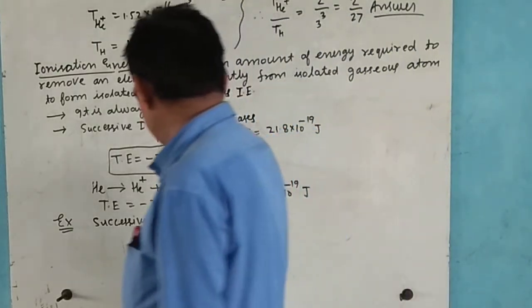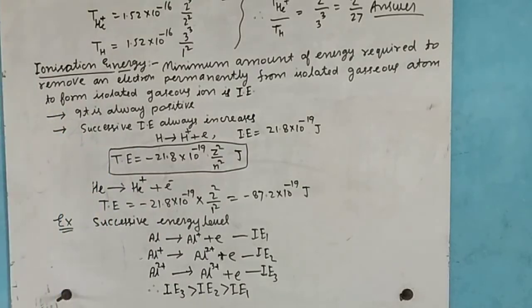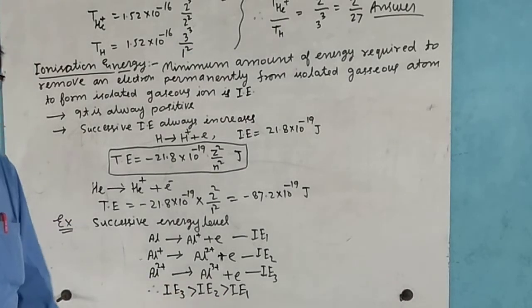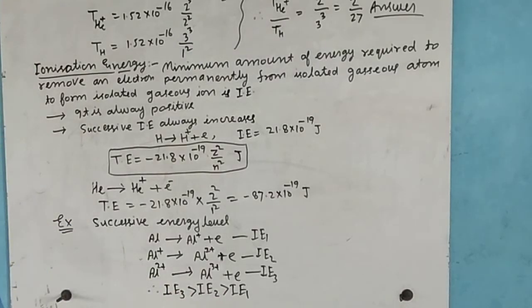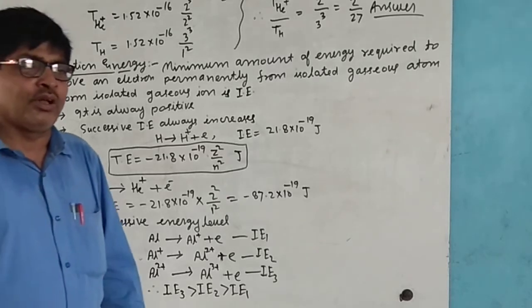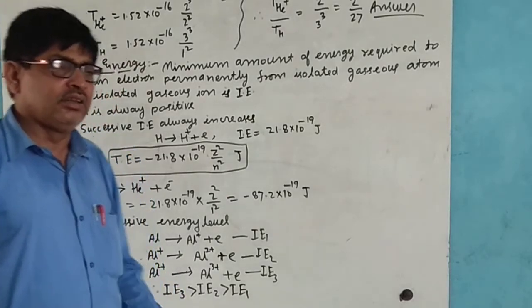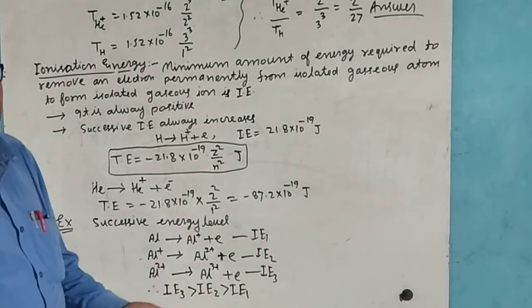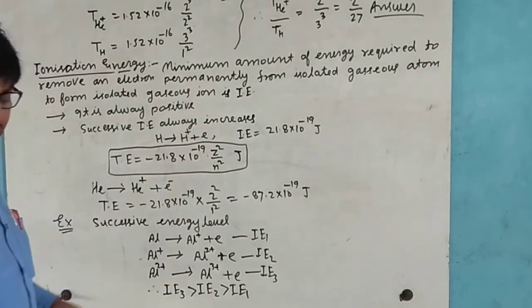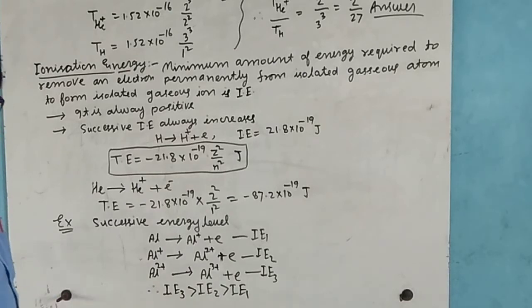In this case, IE3 is greater than IE2, which is also greater than IE1. It means that removing electrons closer to the nucleus requires greater energy in comparison to the outer ones.